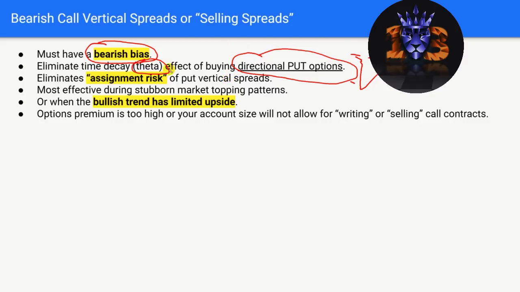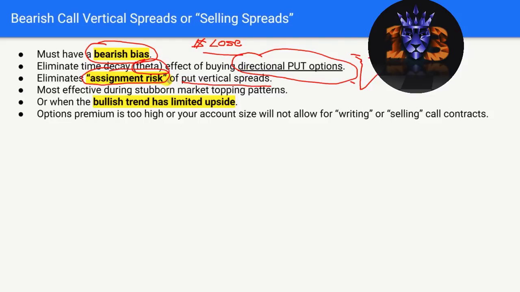And that is you have a defined risk level, meaning that you have a defined number of dollars that you can lose. And after that, you will not have an options contract that will go to zero. This also eliminates assignment risk, like I talked about, of buying put vertical spreads.